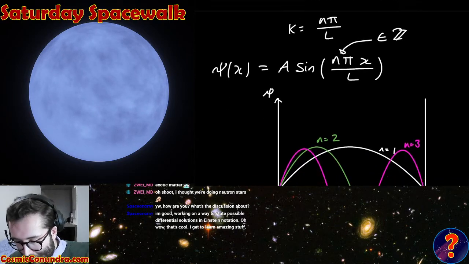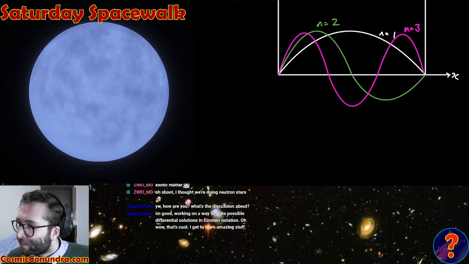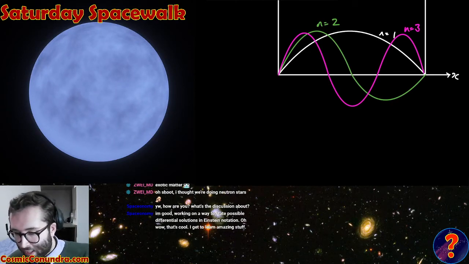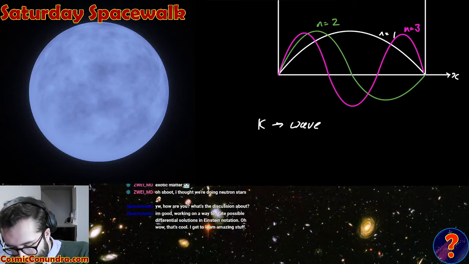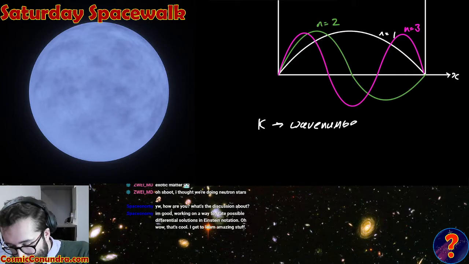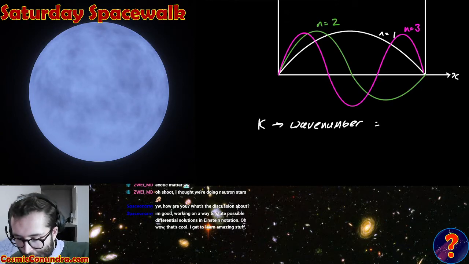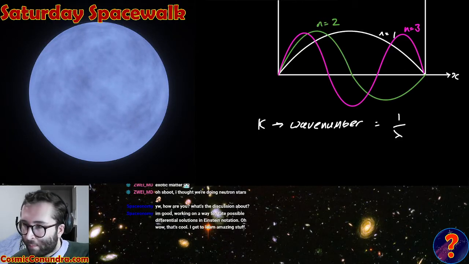Well, what is k? From a bit of lore about what we know about waves and wave-like solutions, k is what you call the wave number. If you were thinking about ordinary oscillations, k would be what you'd call the wave number, which is 1 over the wavelength, okay?